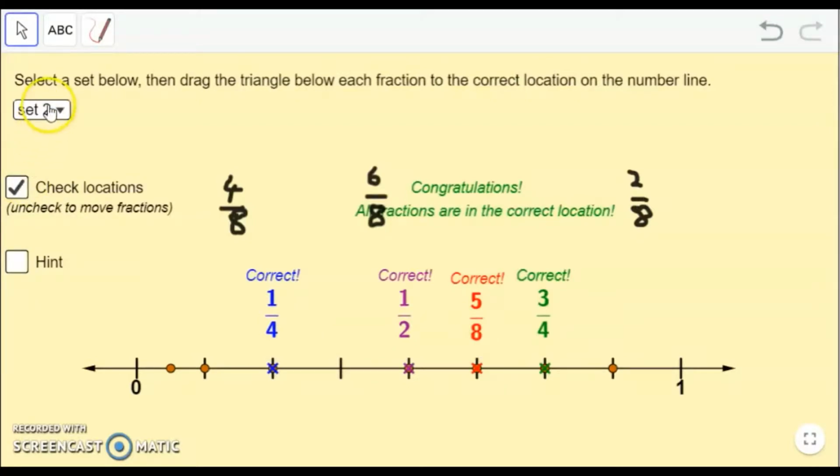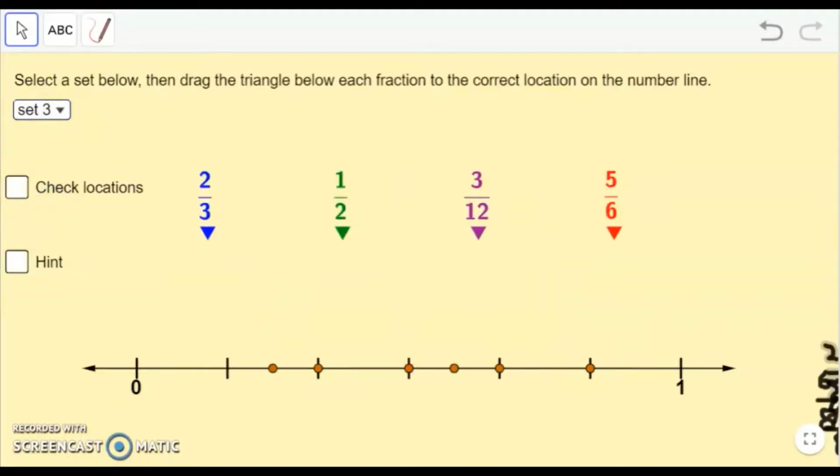Correct. Let's have a look at another one. So in this example, we have 1, 2, 3, 4, 5, 6 divisions. 2/3 would be 4/6. 1, 2, 3, 4/6. 1/2 would be 3/6. 3/12 would be, well, between 1/6 and 2/6.